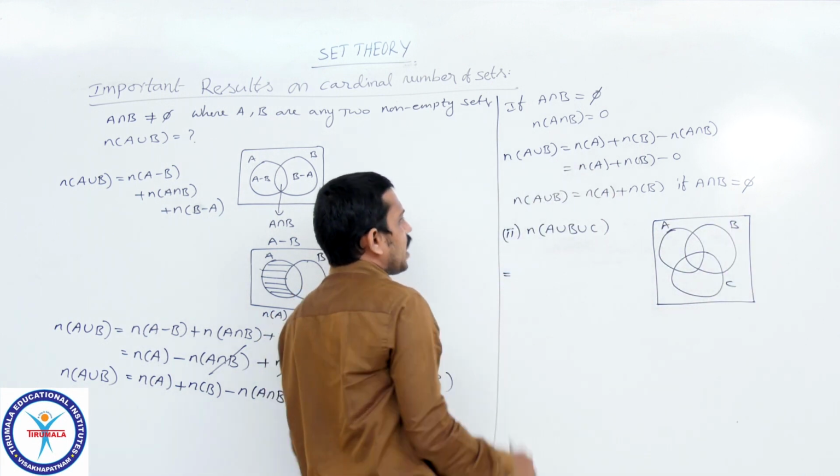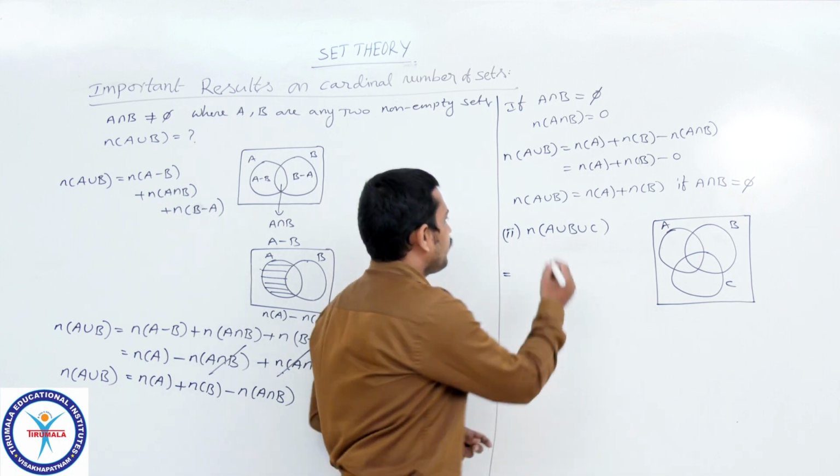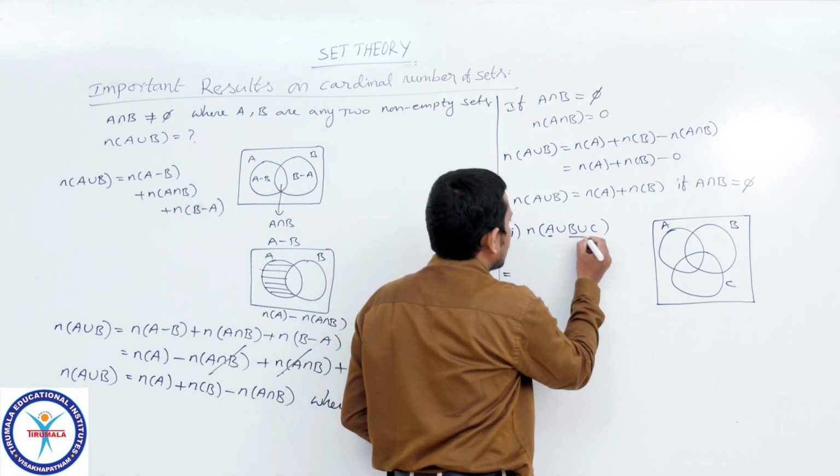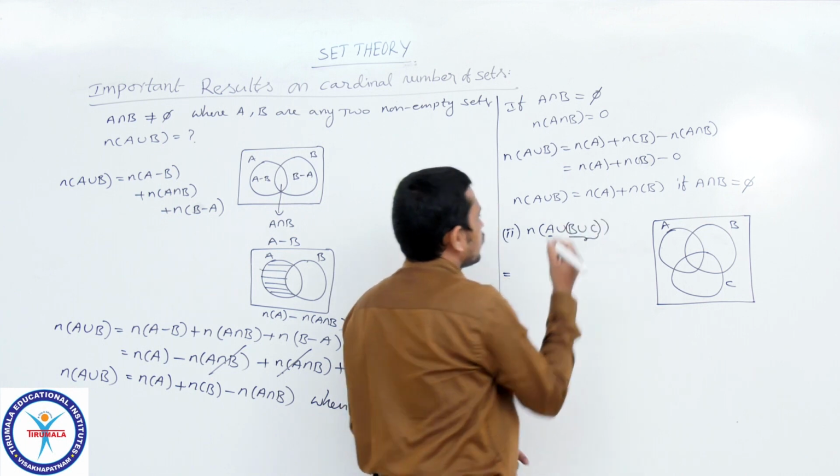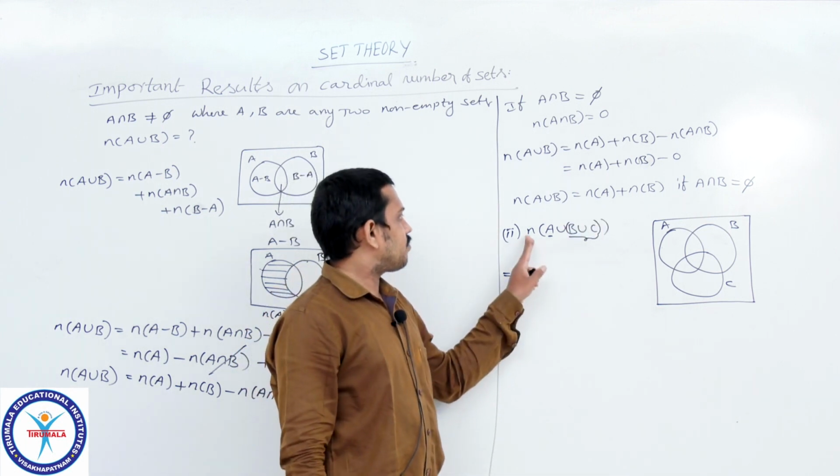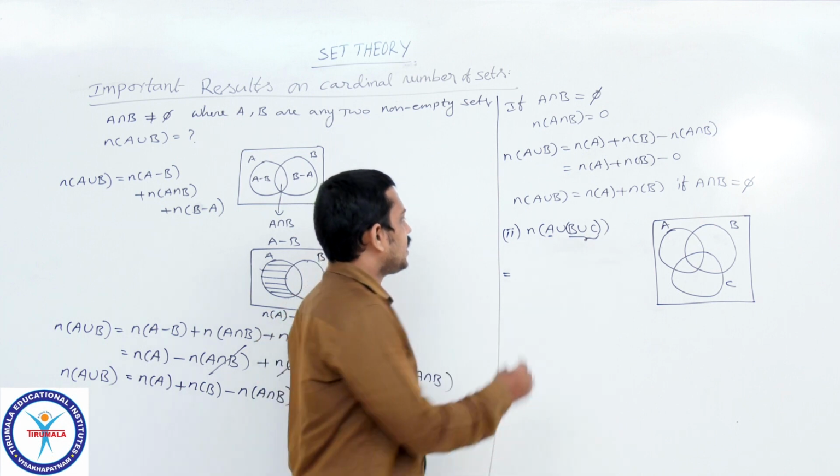Here we apply the same formula. We take A as one unit and consider B and C together as one unit. Then what is n of A union B union C?